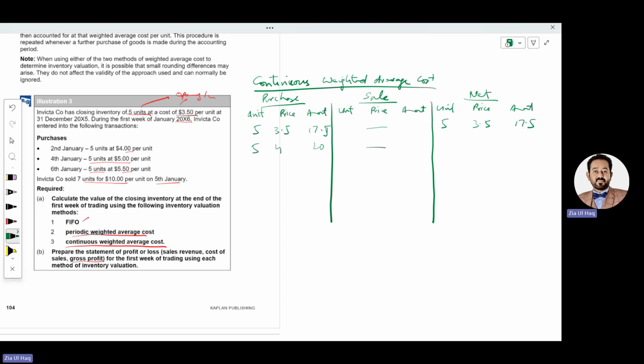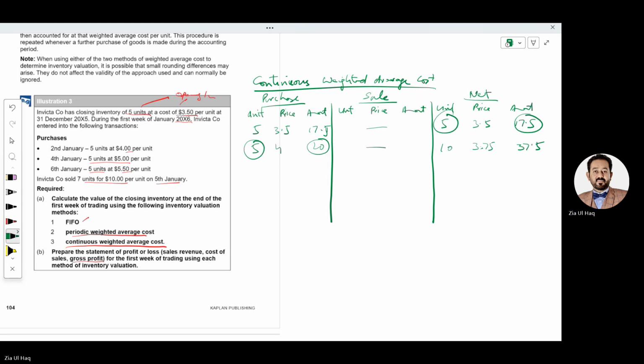What is the net? How to calculate this net? This total plus this total, it will become 37.5. This total and these units, 10. So we need to calculate average price. It will be 3.75.